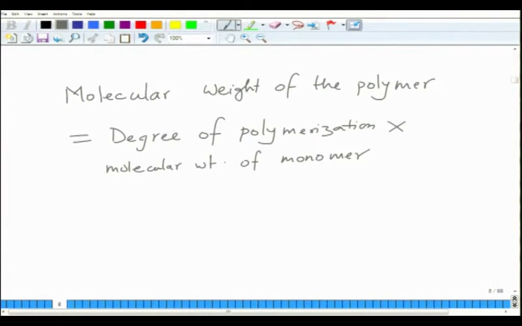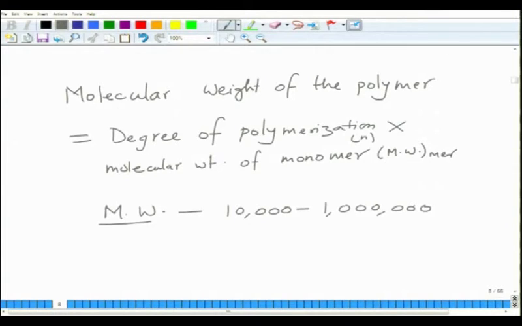Okay. So, basically this is N, this is MW mer, and this is the molecular weight of the polymer. Typically the molecular weights range between 10,000 to a million. Okay. So, they can contain from low to high molecular weight, but these molecular weights are significantly higher.